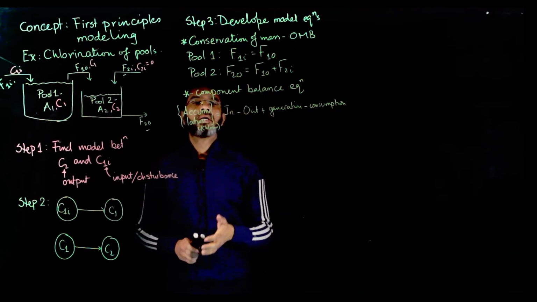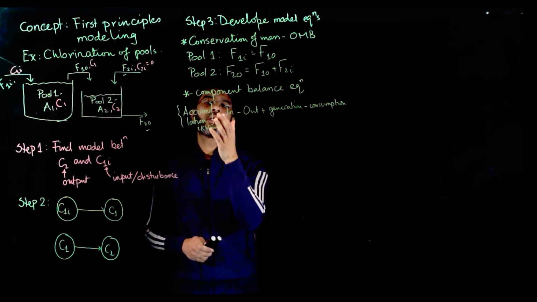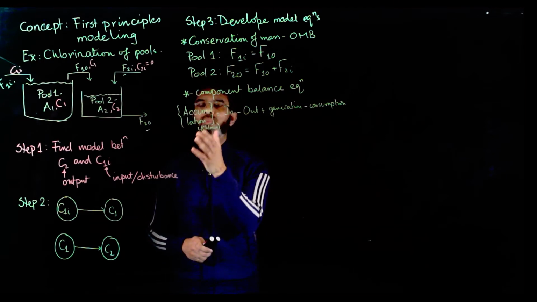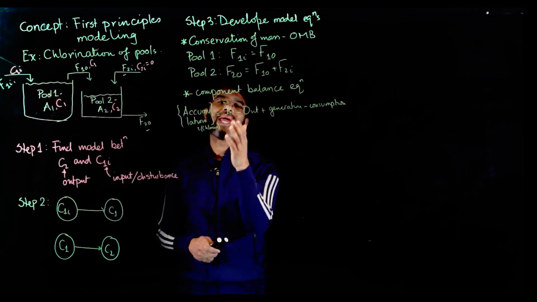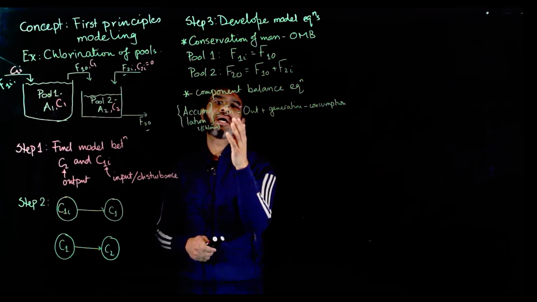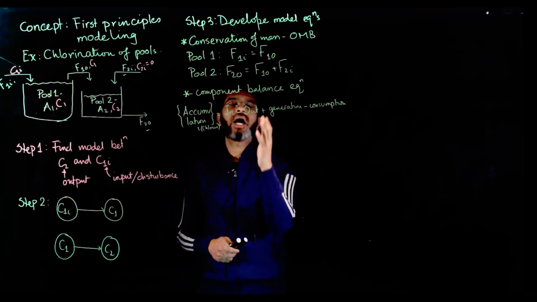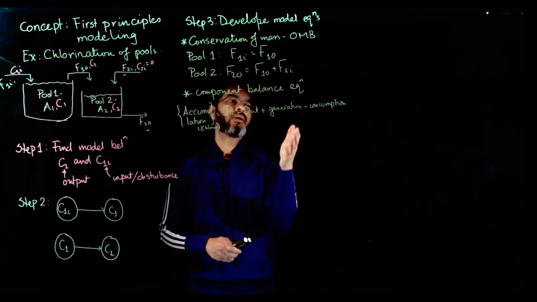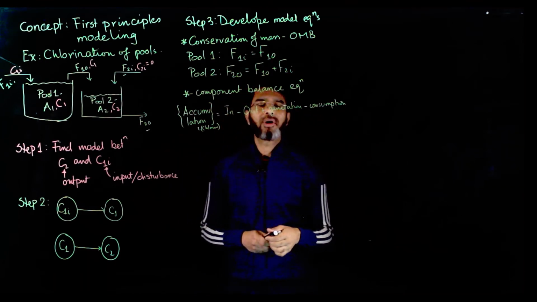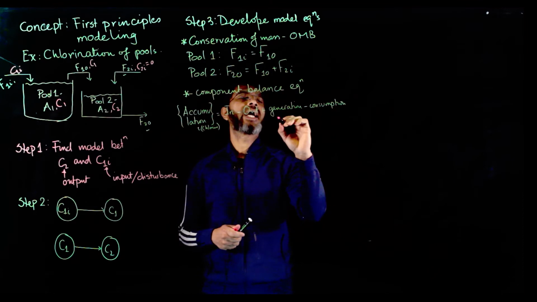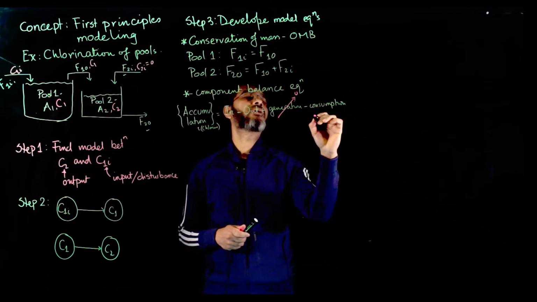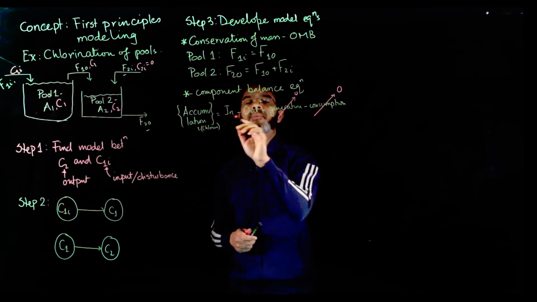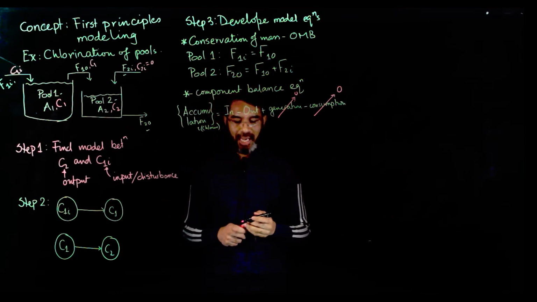So again, rate of accumulation of chlorine in tank, either in 1 or 2, equals rate of chlorine coming in minus rate of chlorine going out plus rate of generation of chlorine minus rate of consumption of chlorine. Now for this case, we see that okay, there is no reaction here, so this term becomes 0 and this term becomes 0. So we have only chlorine in and out.